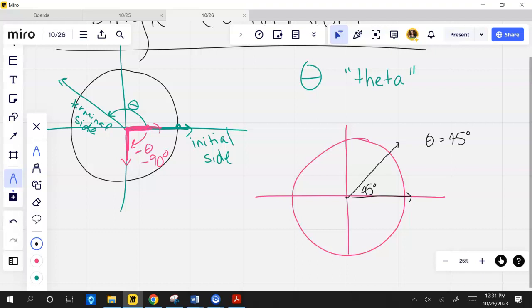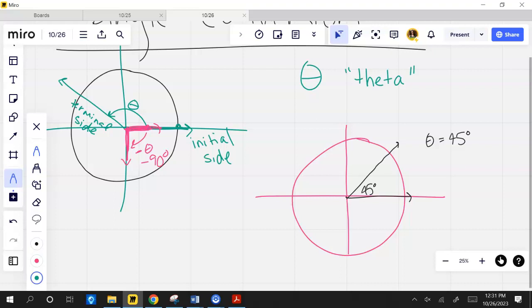Now, we're not even doing that yet. Is there another theta value that would give me the same terminal side? Sonny, what you got? You're going in radians.